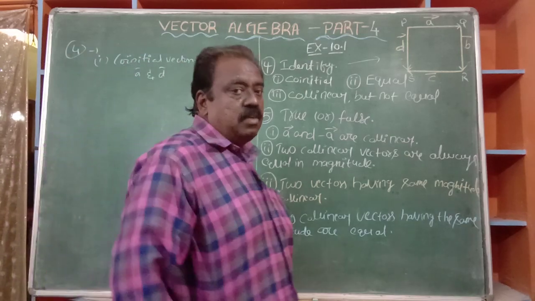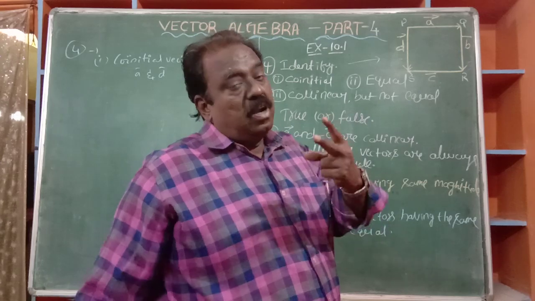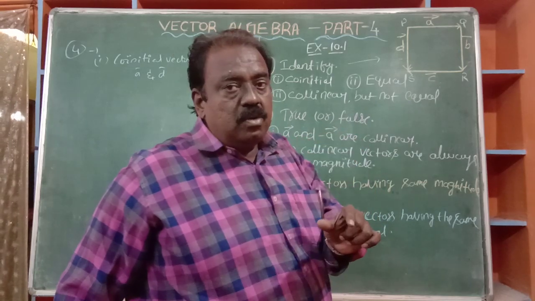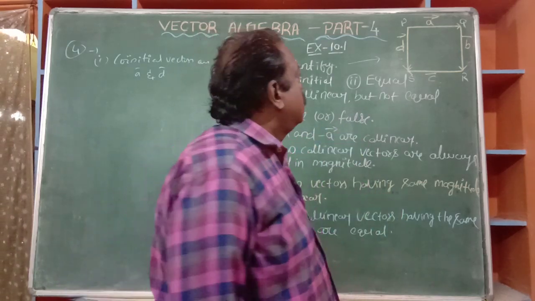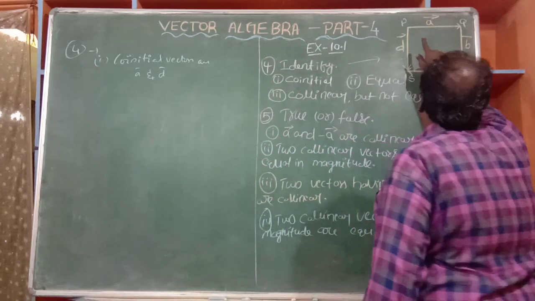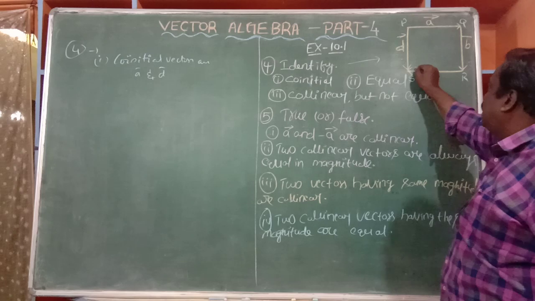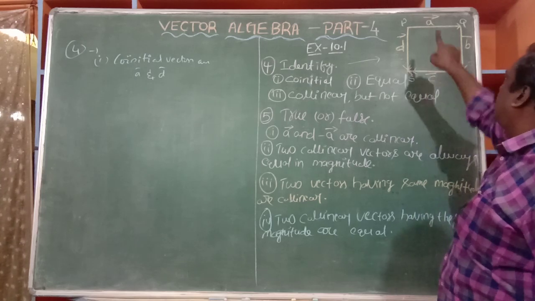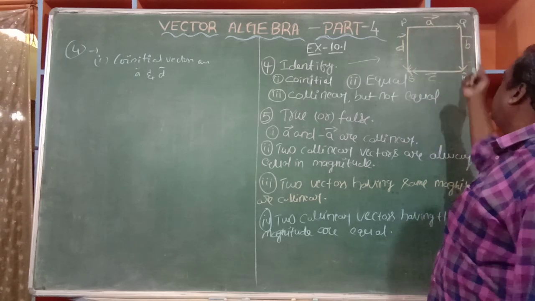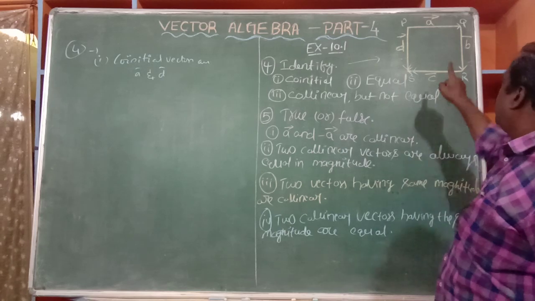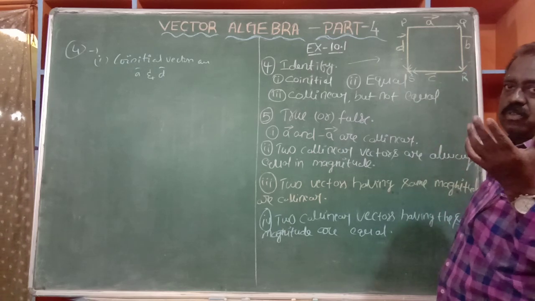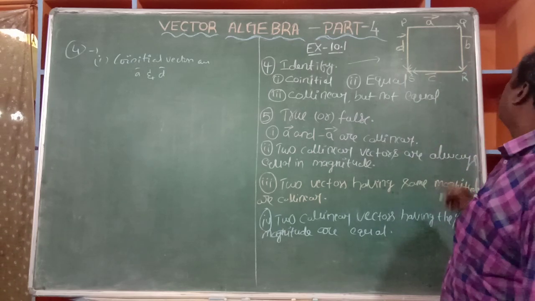Next, the second question in that fourth problem: equal vectors. We know that equal vectors mean two concepts: equal magnitude, same direction. You see, here PQ bar and RS bar, the direction is like this, left to right, right to left. So they are not equal, though of course the magnitudes are equal.